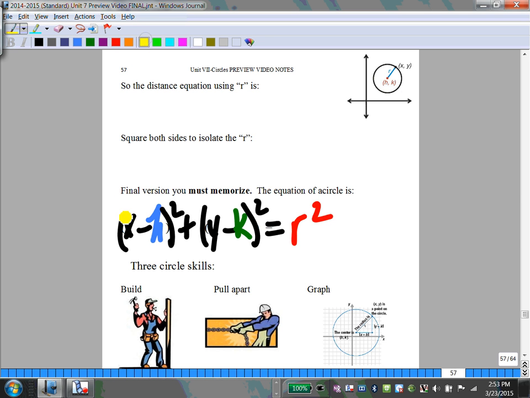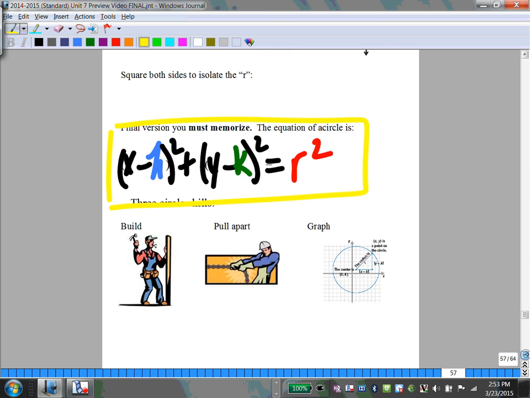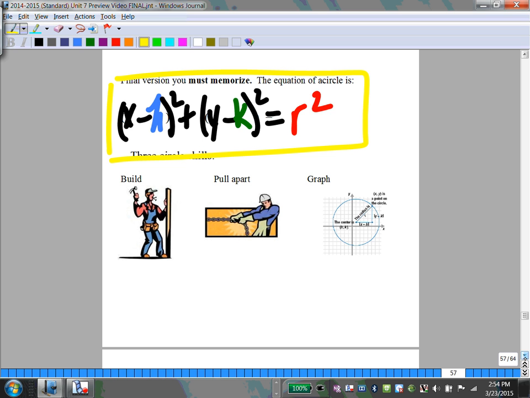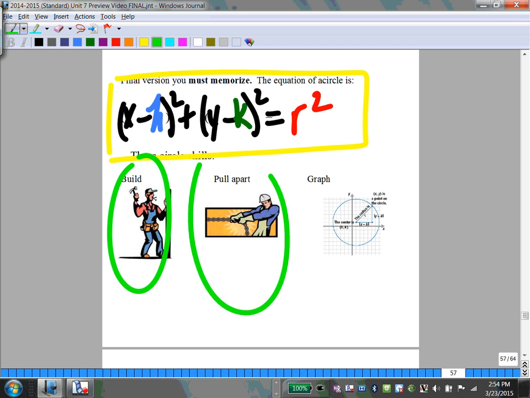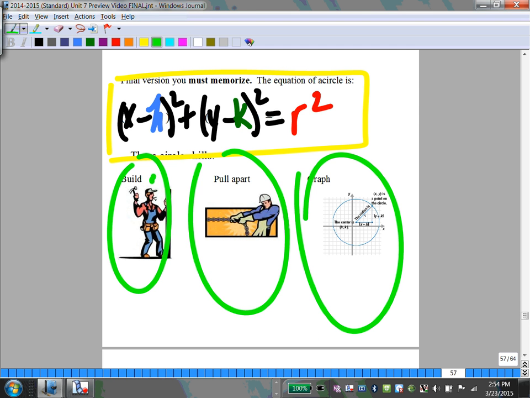This is the equation of a circle. There's only 3 things we have to do with this circle, and it is so easy. In fact, in the next 5 minutes, I'm going to predict that you're going to think to yourself, that's it? That's all? And the answer will be yes. You have to build an equation, pull apart an equation, and graph. Build, pull apart, graph. 3 things.